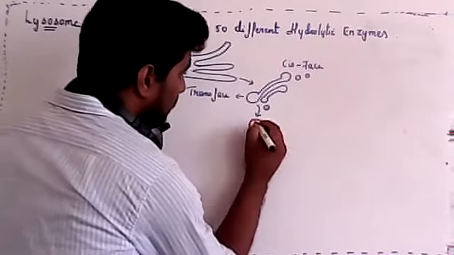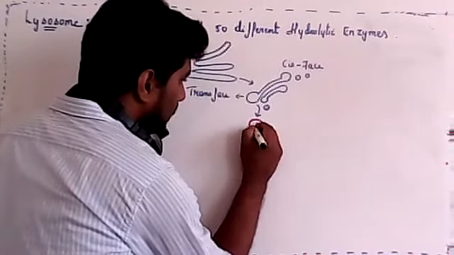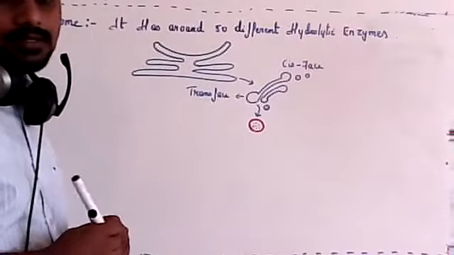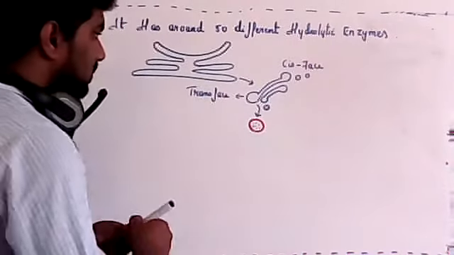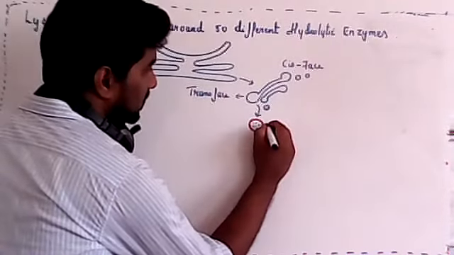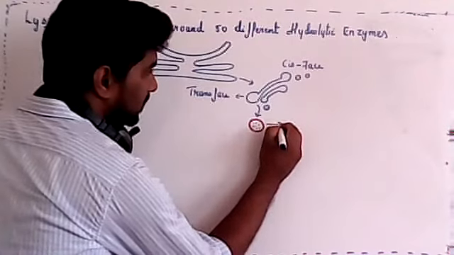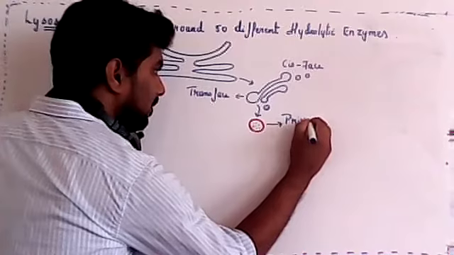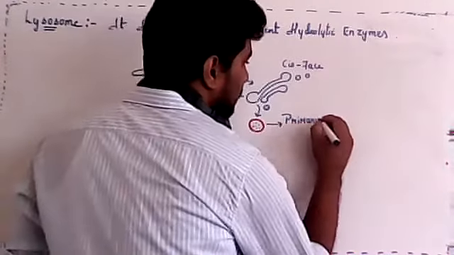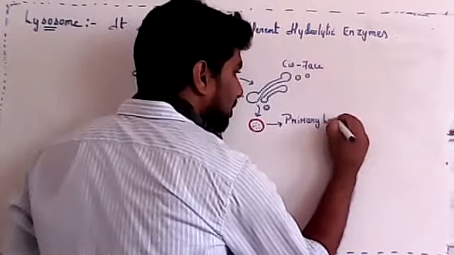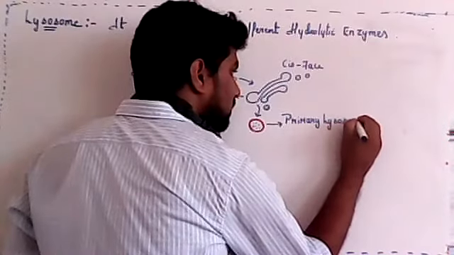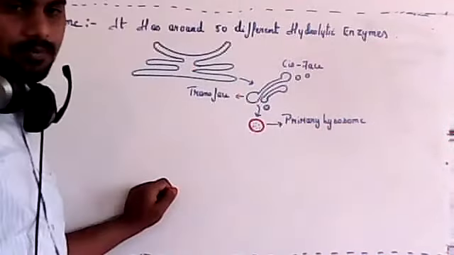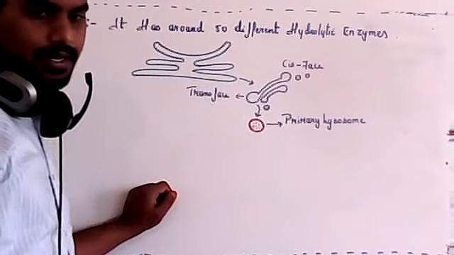Now this is called the primary lysosome. So the first formed lysosome is called the primary lysosome.